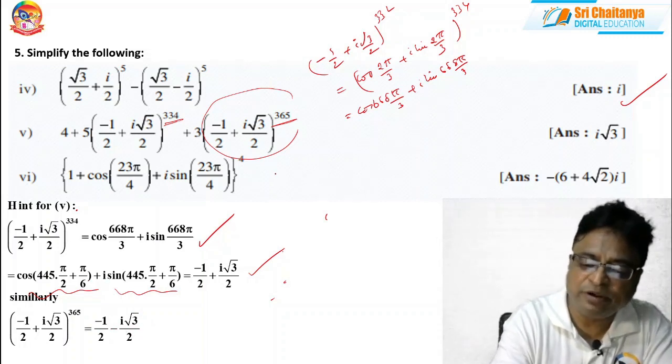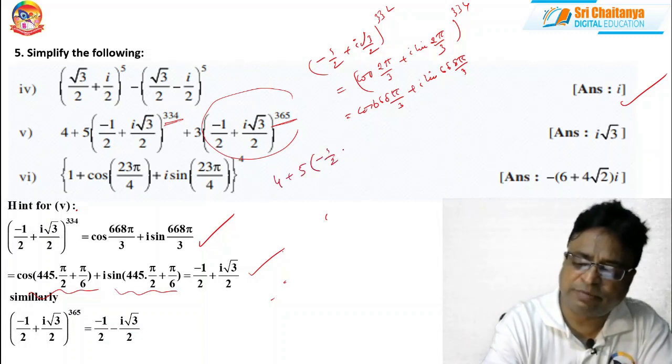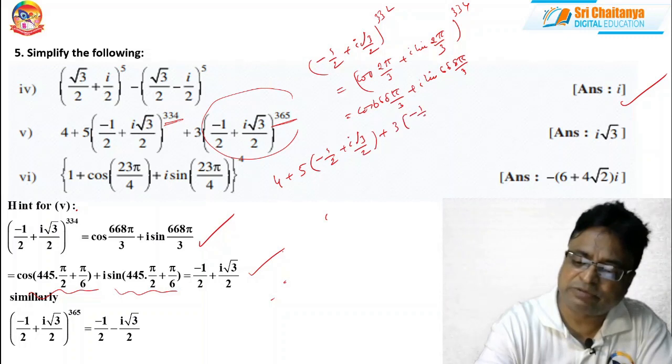Then how to simplify? 4 plus 5 into minus 1 by 2 plus i root 3 by 2, plus 3 into minus 1 by 2 minus i root 3 by 2.